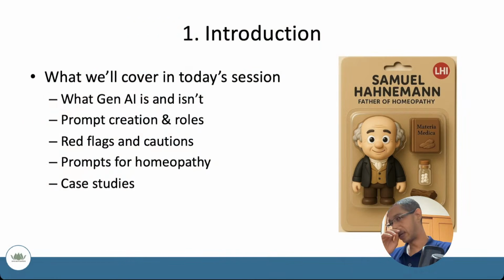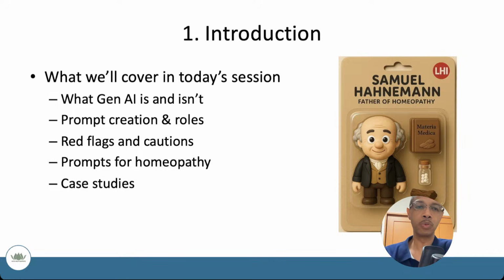So what we're going to go over today, you can see this cute little Samuel Hahnemann guide. It was also made with AI, because this is a very powerful technology that can do a wide variety of things. And sorry about that. What we're going to get into is what AI is and what it isn't, and why it's called generative AI.